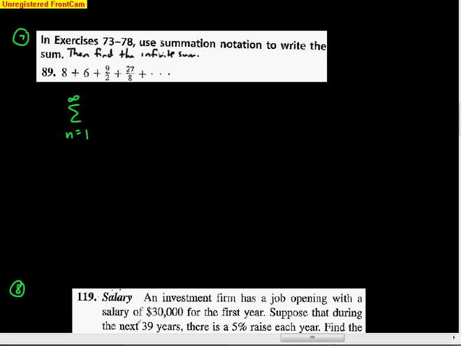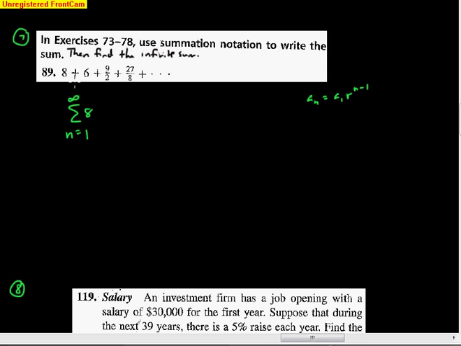Okay, and now I need my a sub n. Remember, a sub n for geometric, and you would be told this, is going to be a sub 1 times r to the n minus 1. Well, I do have my first term, which is 8. Now I need to find my r.